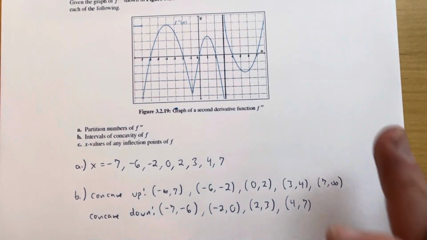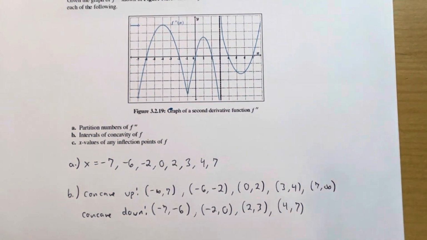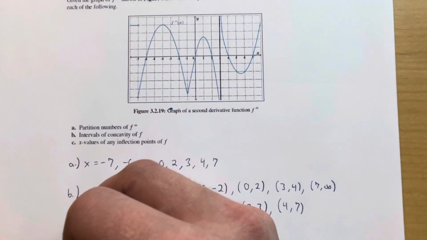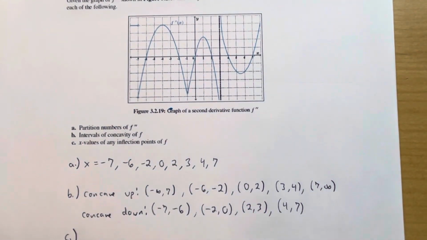Lots of intervals of concavity there, but very little work needed to find each one because we just investigate the graph. Finally, we need points of inflection, but we can't find points of inflection explicitly. We can only find their x values. And remember, that's going to be any place where concavity changes from positive to negative, where the original function is defined and is continuous.